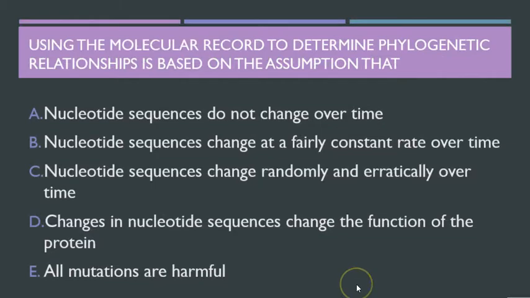Okay, here's your next question. Using the molecular record to determine phylogenetic relationships is based on the assumption that nucleotide sequences do not change over time, nucleotide sequences change at a fairly constant rate over time, nucleotide sequences change randomly and erratically over time, changes in nucleotide sequences change the function of the protein, or all mutations are harmful.